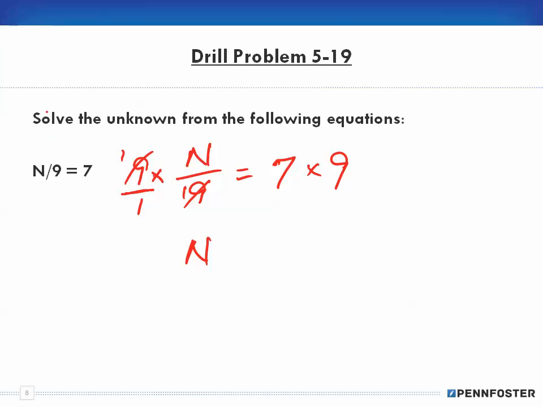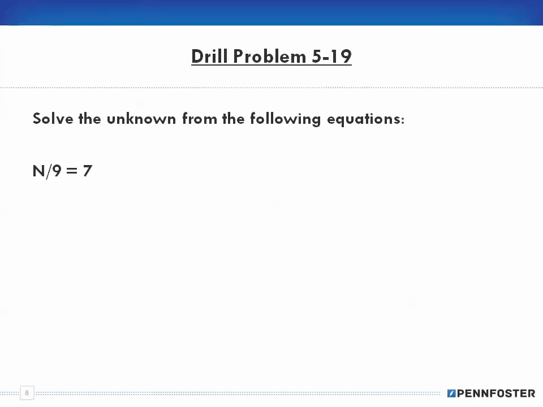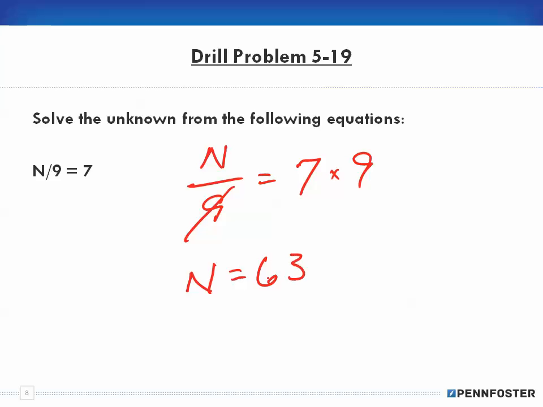Now, me personally, I wouldn't do all of that. But then again, I understand the rules. All I would do is I would go like this. I know that that's canceling out, and that would be multiplying by 9, so I end up with n is equal to 63.